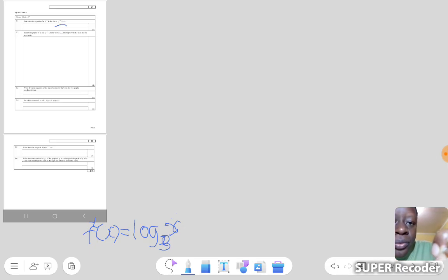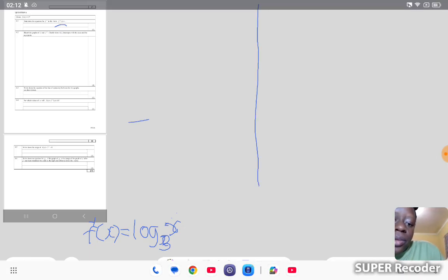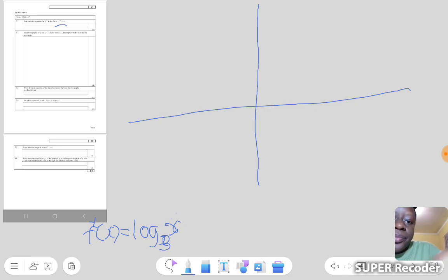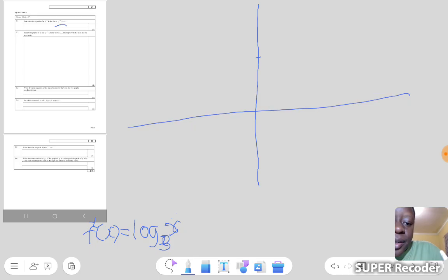You know how to draw the graph, being that here will be 1 and here will be 1.